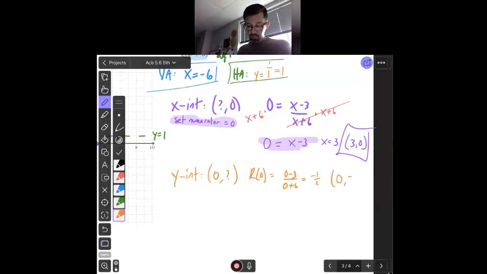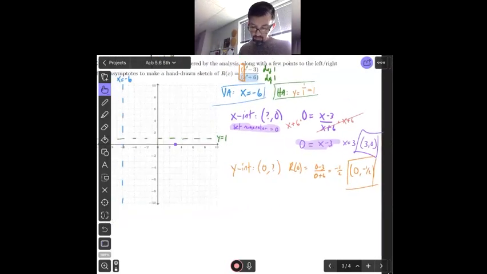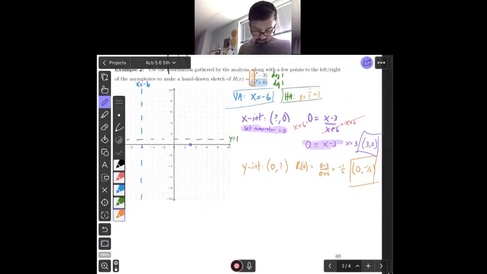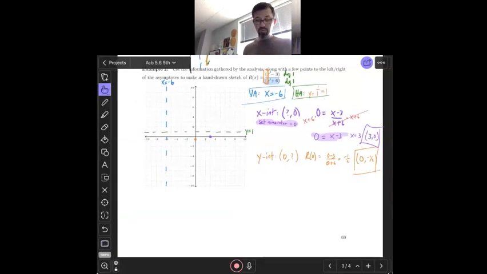So (0, negative 1/2). So finding y-intercepts is really easy. So (0, negative 1/2) would be right in there.